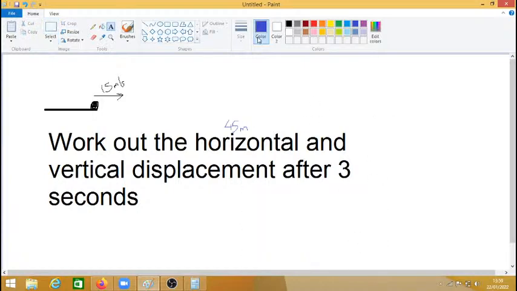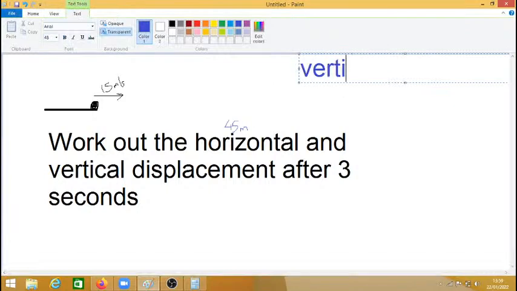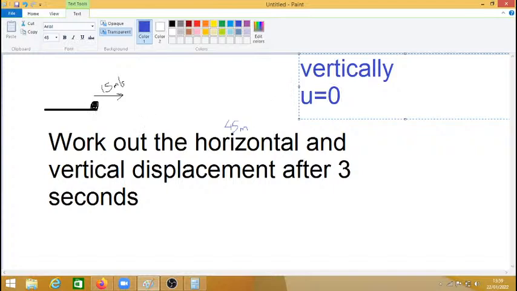So now we're looking vertically. What do we know vertically and what do we not know? So vertically, when it's fired off, remember it's fired off horizontally. So vertically, its initial velocity is 0. There's no push down or push up or throwing down. So initial speed vertically is 0. The acceleration it's going to experience is equal to gravity.